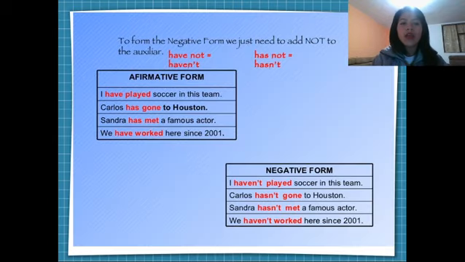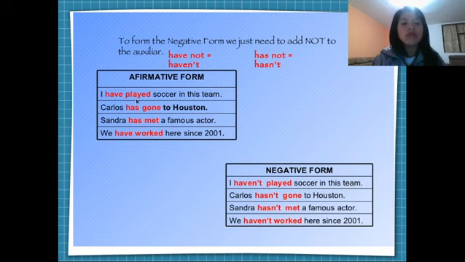Okay. Now, to form the negative form, we just have to add not, right? For example, have plus not, haven't, and has plus not, hasn't. I have played soccer in this team. I haven't played soccer in this team. Noten algo aquí, chicos.